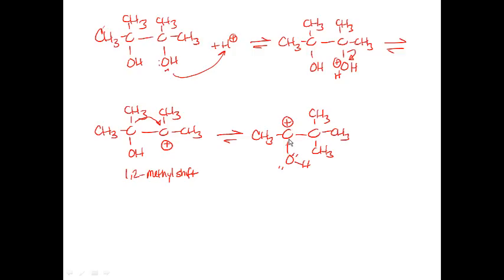Well, this isn't just a secondary carbocation. This is a carbocation that's next to an oxygen. And so what can happen is that you can take a pair of electrons off of this oxygen and move it there and write a second resonance structure.